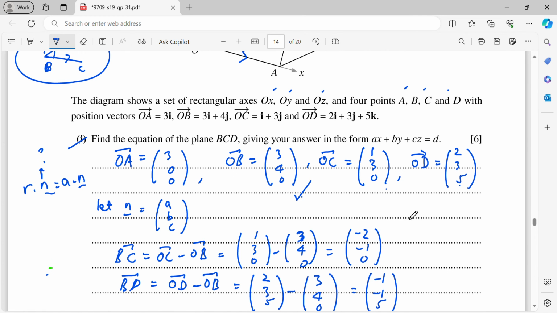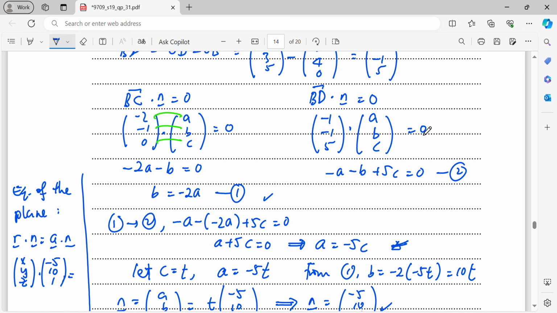I will take point B, which is 3, 4, 0, dotted with minus 5, 10, 1.